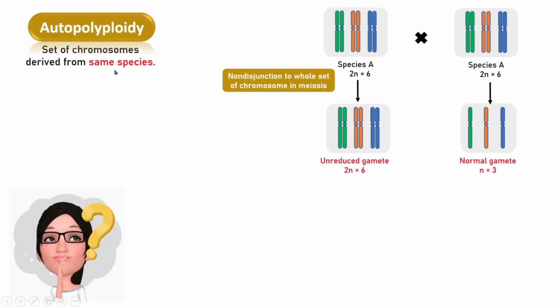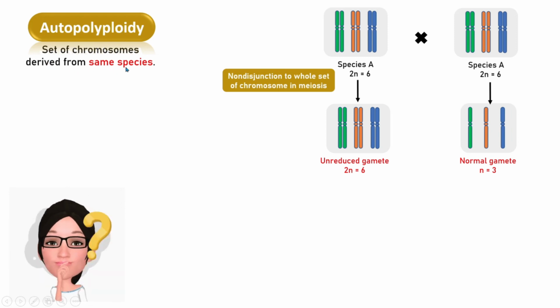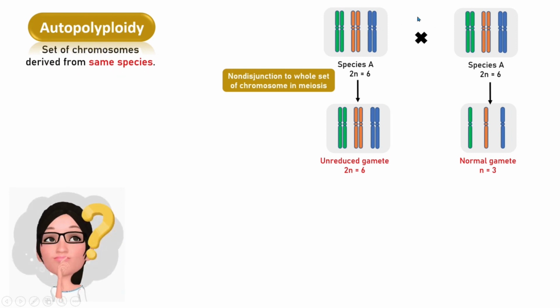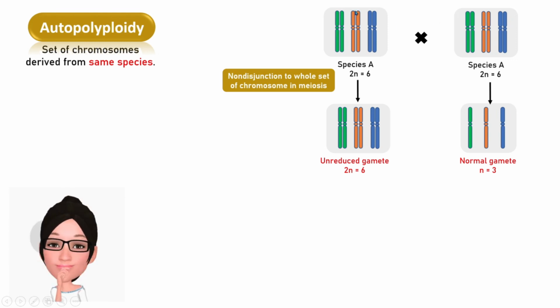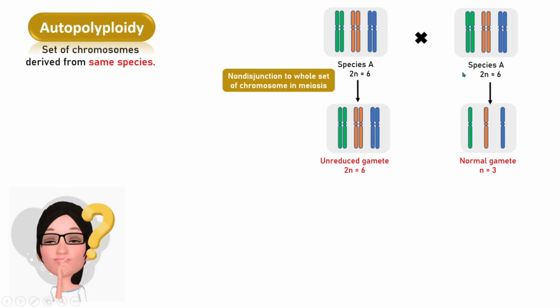In Autopolyploidy, where the sets of chromosomes derive from the same species, mating will occur between 2 individuals from the same species. One parent undergoes a meiotic error where non-disjunction occurs to the whole set of chromosomes in meiosis. So, instead of producing a normal gamete, n equal to 3 chromosomes, it produces an unreduced gamete with 2n, 6 chromosomes.